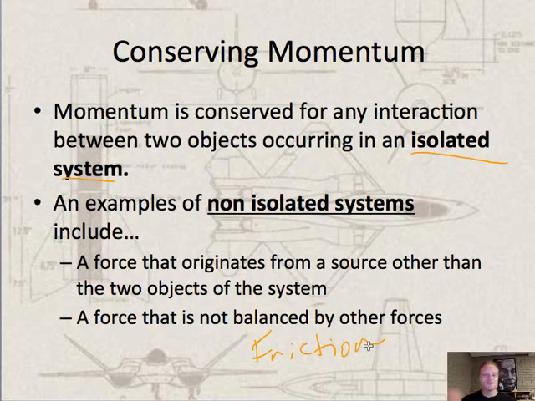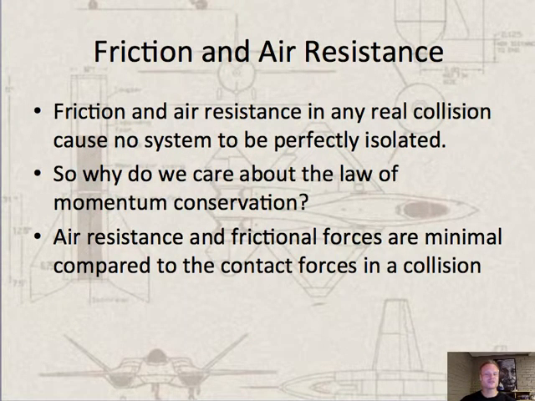Okay, so for most of our problems, we'll be dealing with isolated systems where it's friction-free and air resistance-free, and we can do some calculating using the law of conservation of momentum. So you may say, well, how can we just ignore friction and air resistance? Friction and air resistance in basically any real collision do not cause a huge difference to the system.